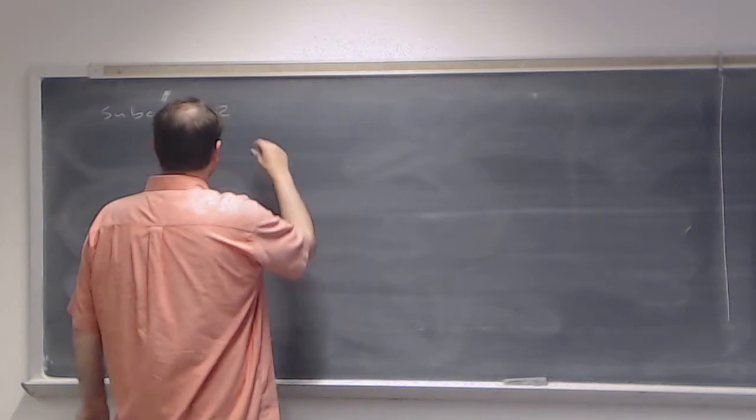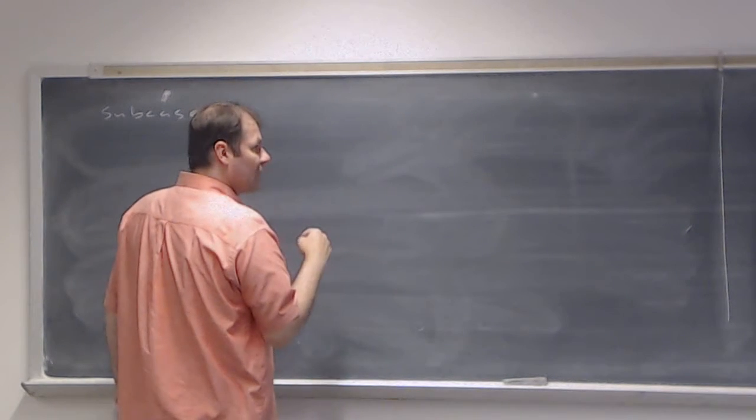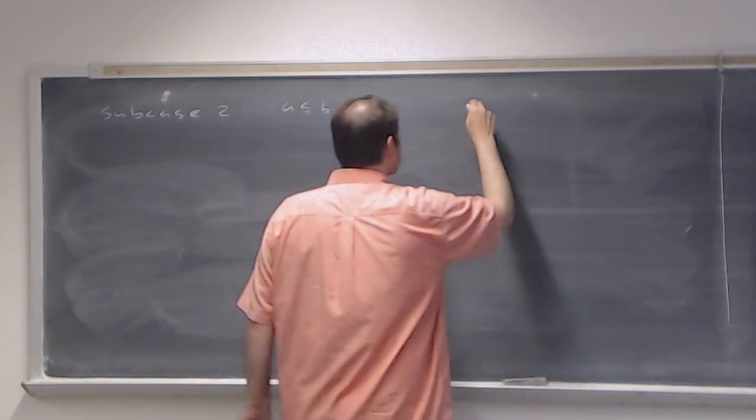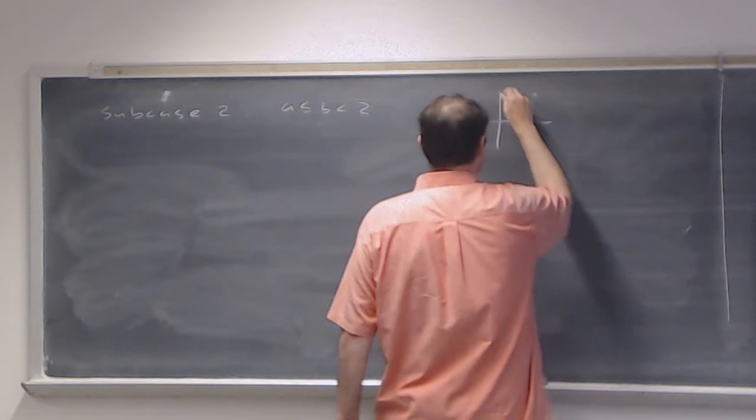So subcase 2 has to do with, now we're talking about B, what if A is less than or equal to B is less than 2? Okay. So here in this situation, I'll picture something like this.